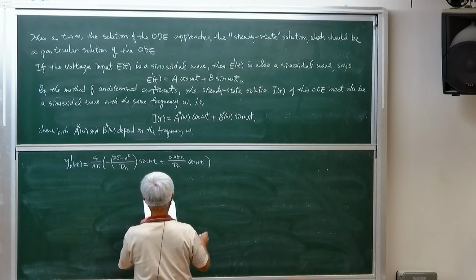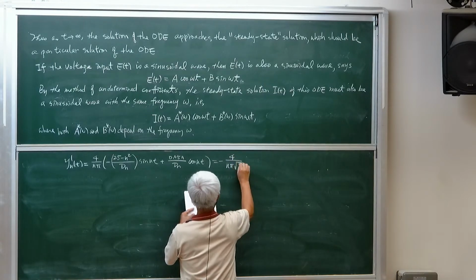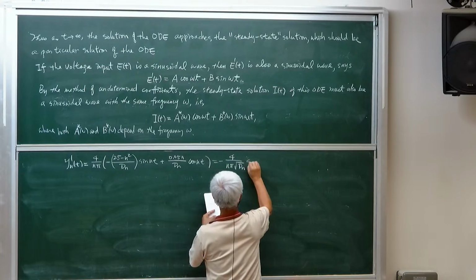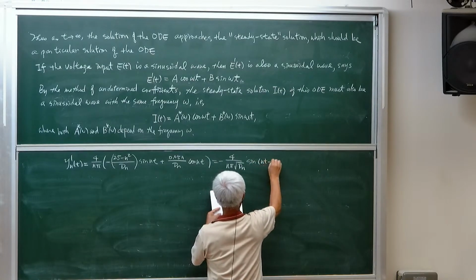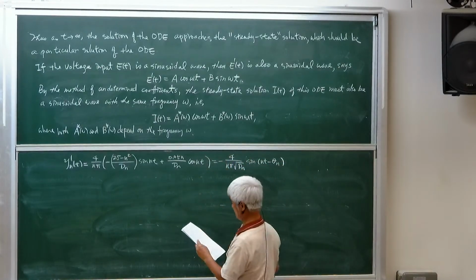And this one is minus 4 divided by n pi square root of D_n, sine(nt minus theta_n), and theta_n has been computed before.